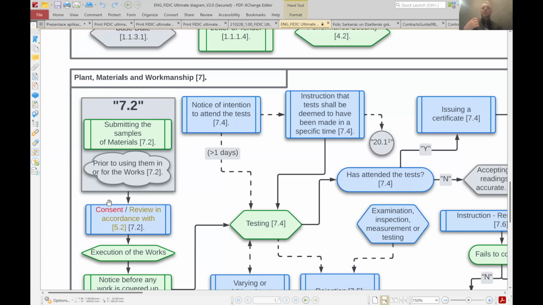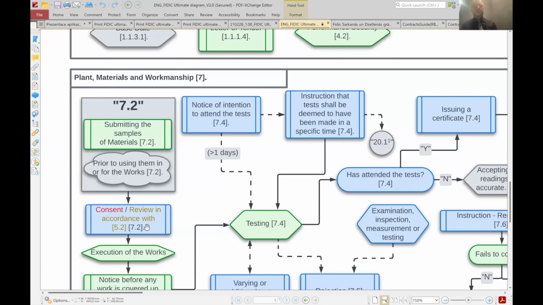The project documentation was created by the contractor. So when the engineer is reviewing the samples, he's reviewing them against the contractor's documentation. He doesn't have to give consent. He has to review that the sample is in accordance with the contractor's project documentation, okay?